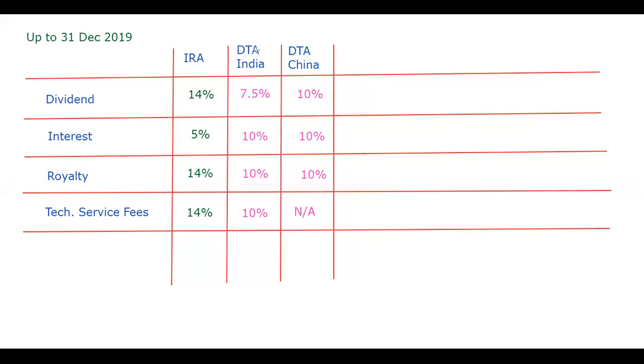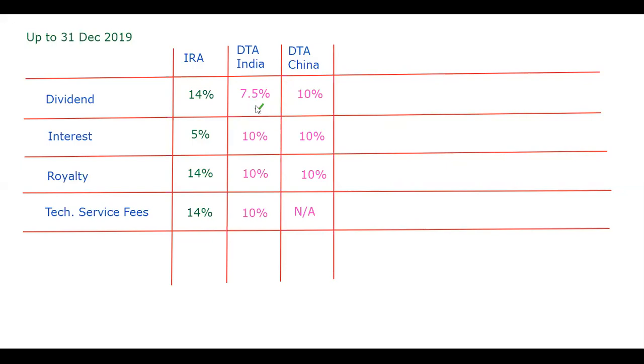Are we going to apply 7.5 when we compare the Inland Revenue Act and the DTA? When we compare these two, the IRA says 14%, and the DTA rate says 7.5. Are we going to apply the IRA or the DTA? We are going to apply the DTA rate, because it is more beneficial.